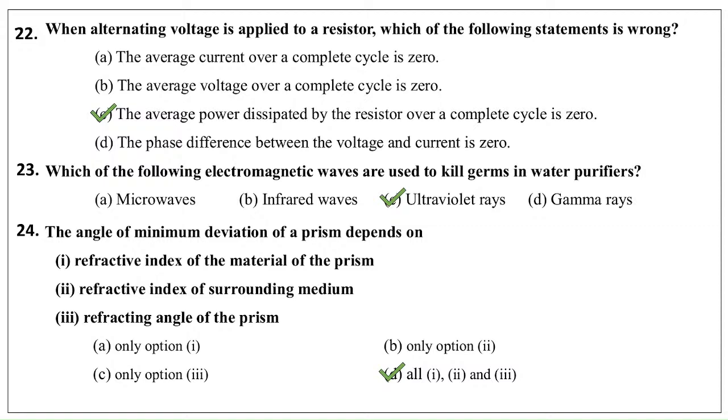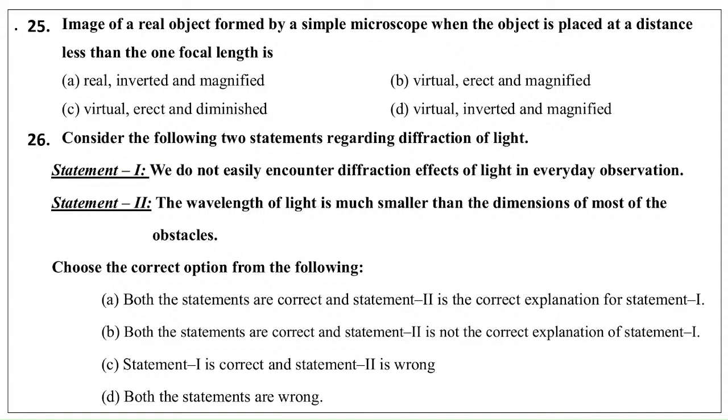Next. 25. Image of a real object formed by a simple microscope when the object is placed at a distance less than the one focal length is. Answer is B. Virtual, erect and magnified.